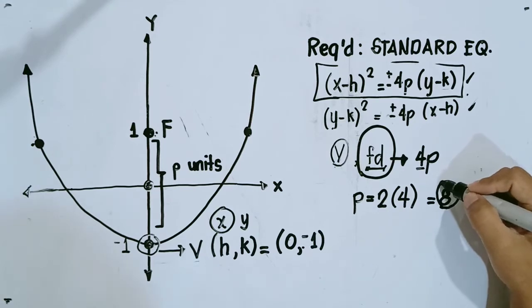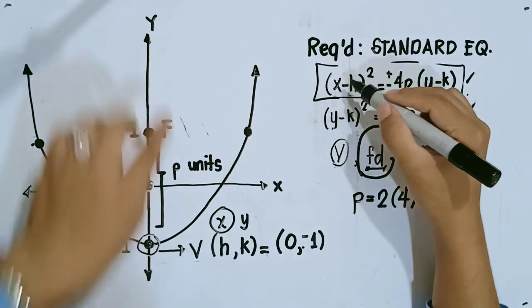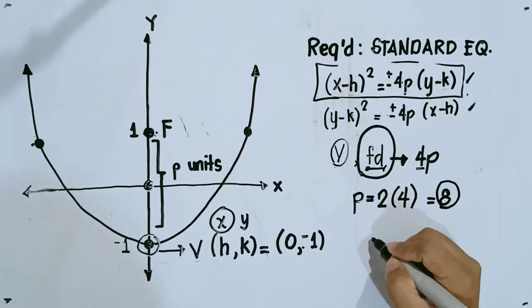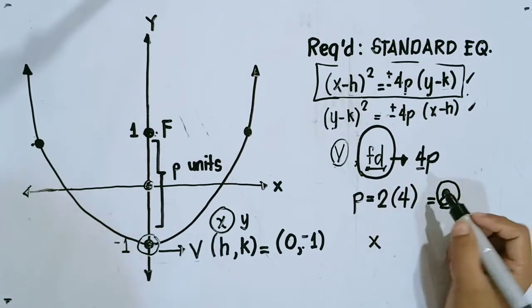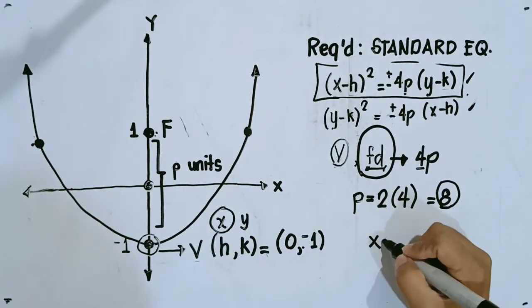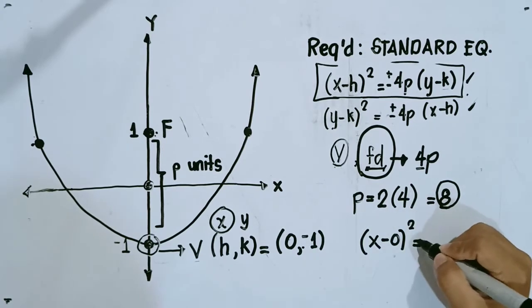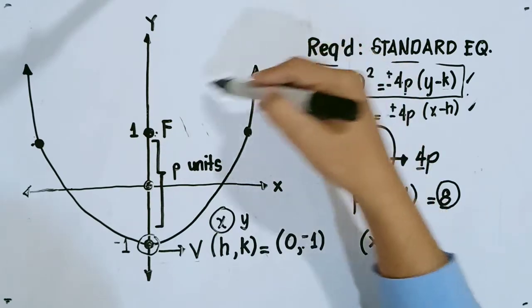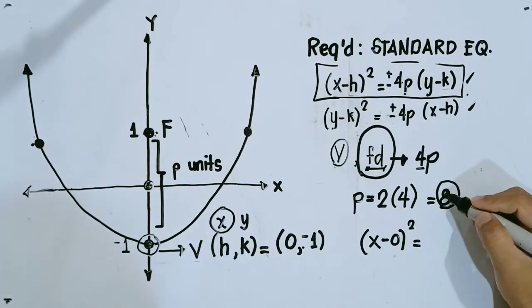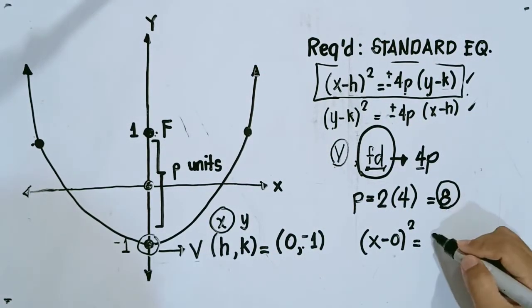So we will now substitute using this one because it goes with the direction of the y-axis. So x minus h, our h is 0, so x minus 0, then squared is equal to, because it opens upward, our 4p is positive, still positive, so we will just copy 8.